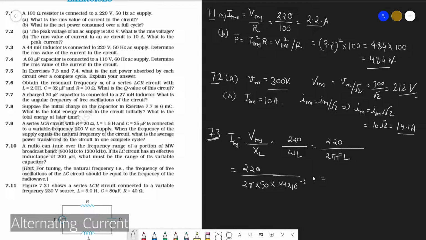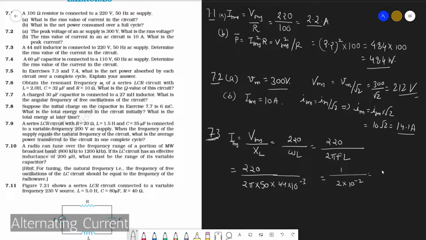So how can you calculate this? This will be 100 pi into 2.2, and if you multiply this by 10, so 1 upon 10 pi... So 2 into 10 to the power minus 2.